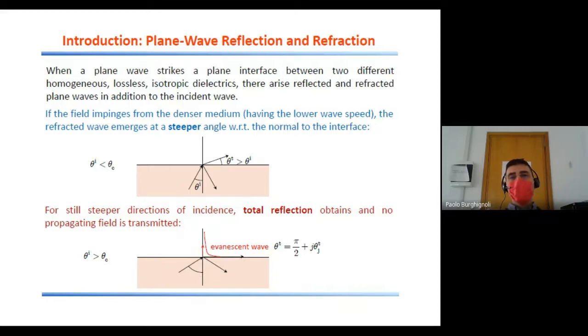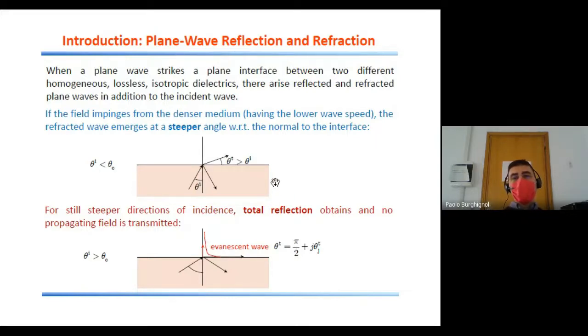And in particular, if the wave impinges from the optically denser medium, that is, from the medium with a higher dielectric constant, that is, the medium with the lower wave speed, now the refracted wave will emerge at a transmission angle that is larger than the incident angle, as you can see here in this figure.